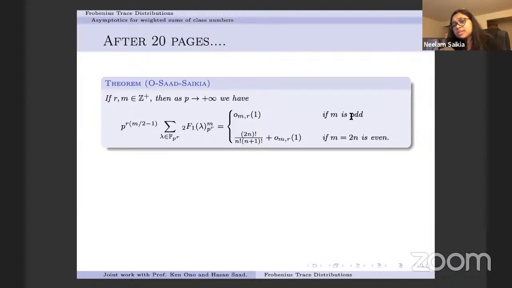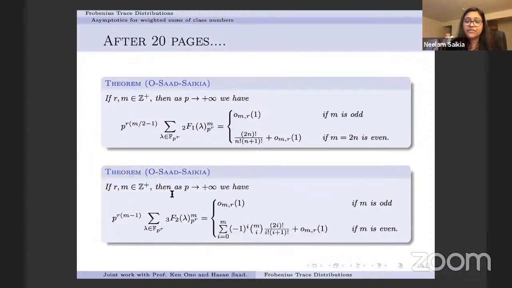If m is odd, it converges to 0; if m is even, we have this Catalan number appearing. So it looks like the original Sato-Tate.